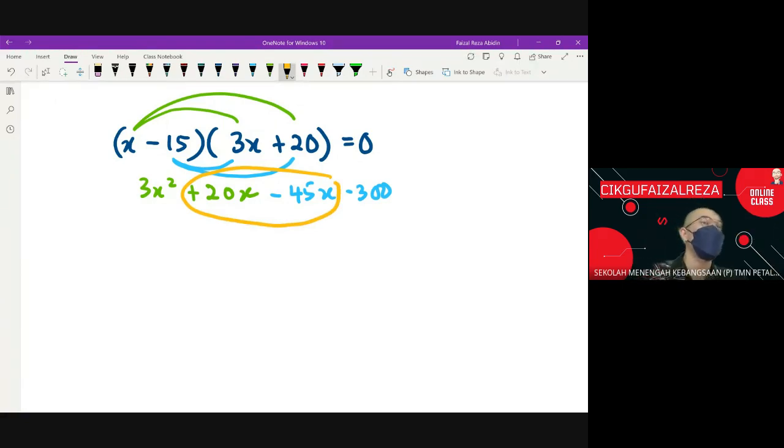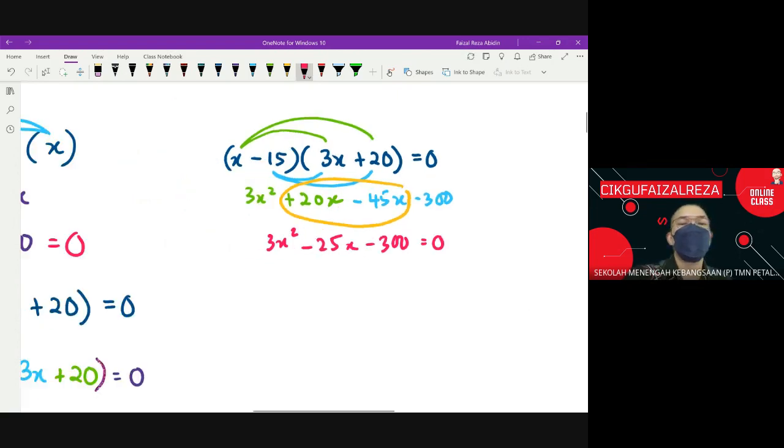We are going to look back, is the answer correct or not? Okay, so over here, negative 45x and 20x, this one I'm going to get negative 25x, sorry. This one 3x square minus 25x minus 300 equals to 0. Am I right? Yes.